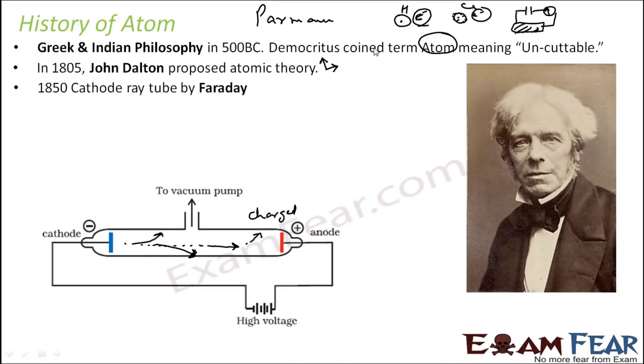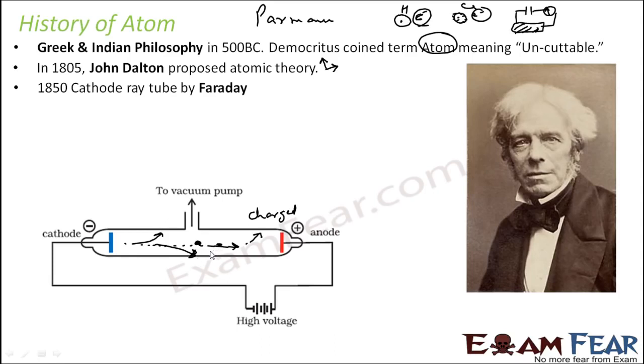Just think. Till 1805, Dalton had told that every atom, chlorine, fluorine, hydrogen, is unique, right? So the atom of hydrogen is unique, the atom of chlorine is unique. So if this is the atom we are seeing in the cathode ray tube, the property of this particle should vary based on the gas.